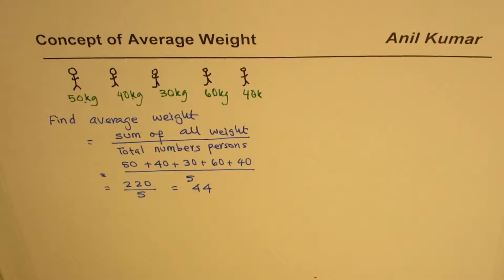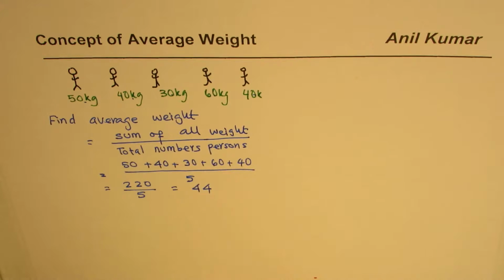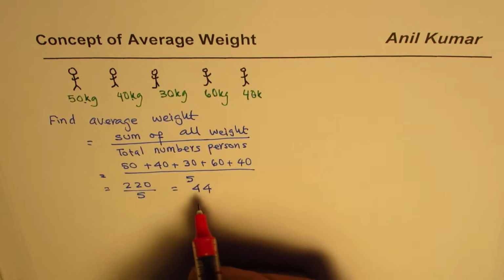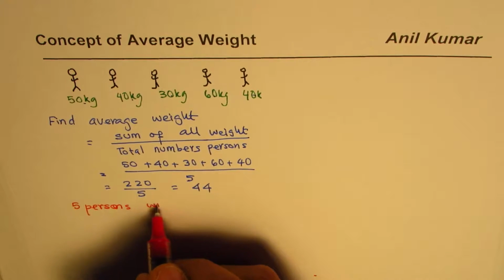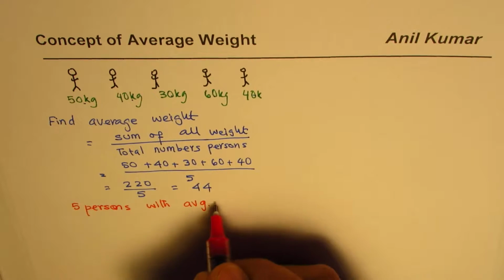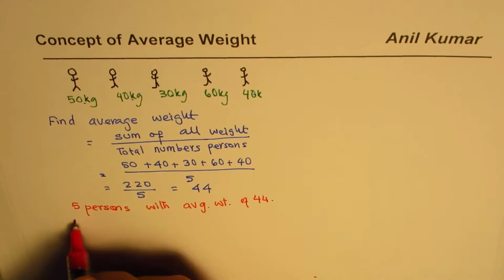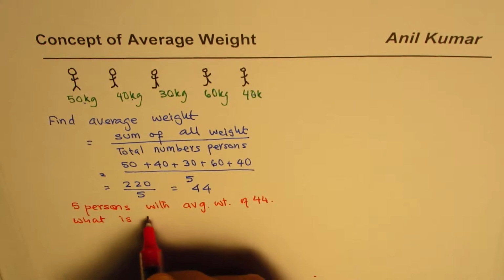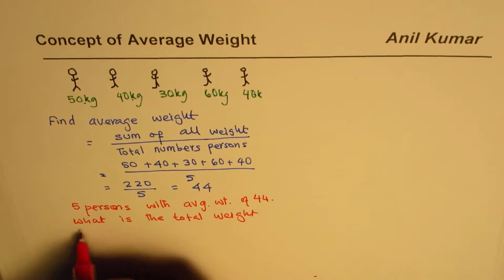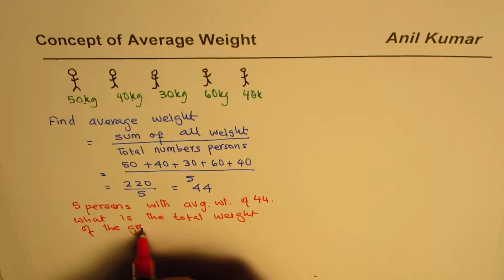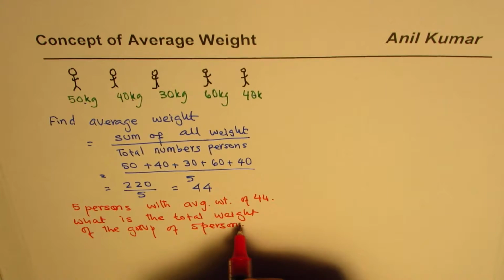Now what does that mean? When we say that the average weight of any person in this group is 44, it means that if I tell you that there are 5 persons with average weight of 44, and I ask you what is the total weight of the group of 5 persons, how will you find it?